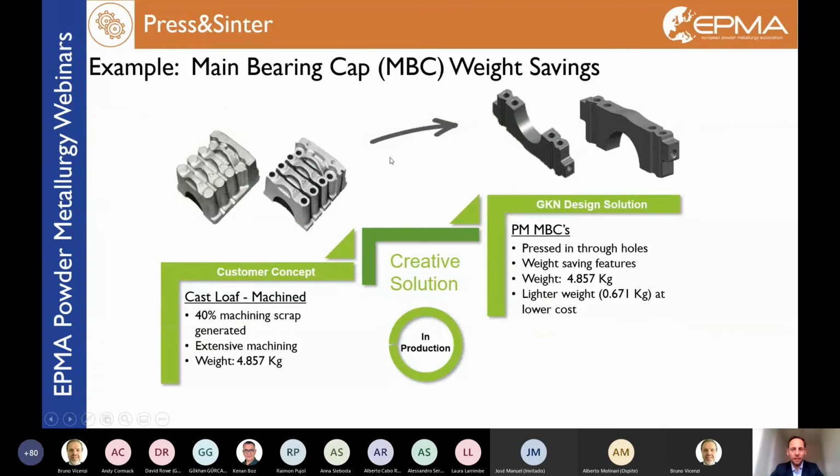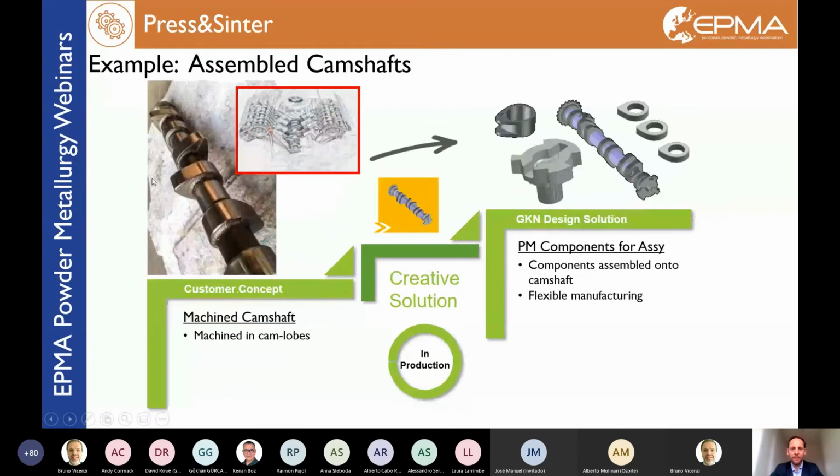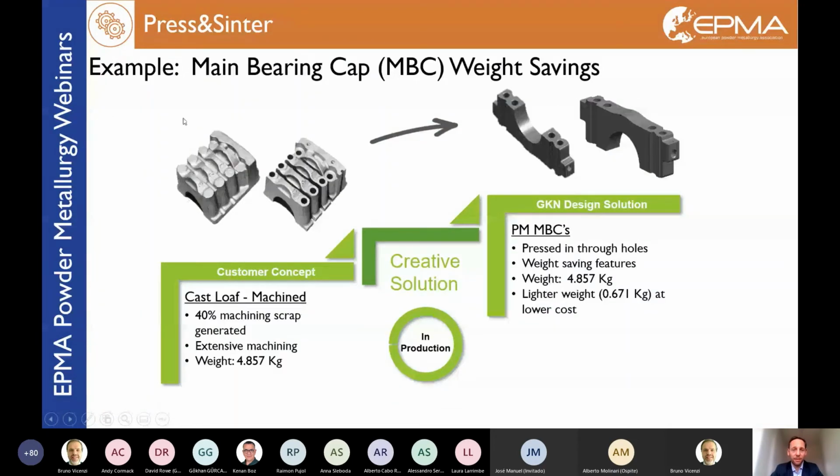This is an example seen in the presentation of Mr. Tovalba: main bearing caps in the engine. In Europe, unfortunately, the standard technology is die cast, but in the US market, the standard is already PM technology.